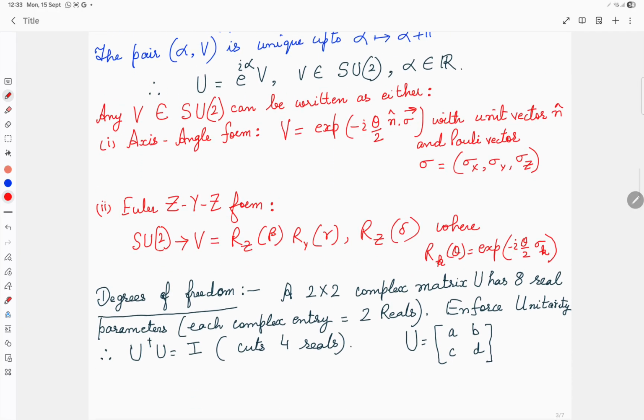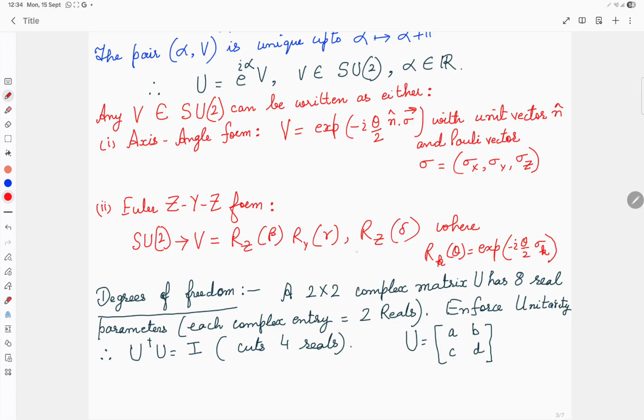Any SU(2) matrix can be decomposed as Rz(β), a Z rotation gate with angle β, Ry(γ), a rotation gate with γ as the angle, and Rz(δ), a Z rotation gate with angle δ.